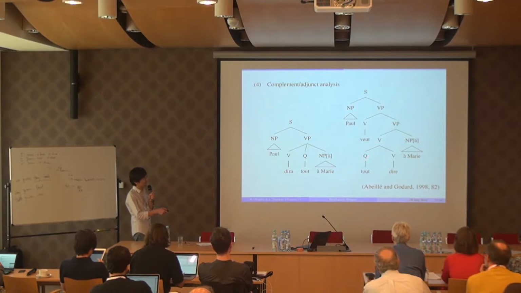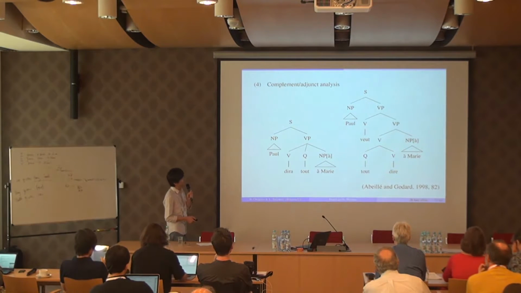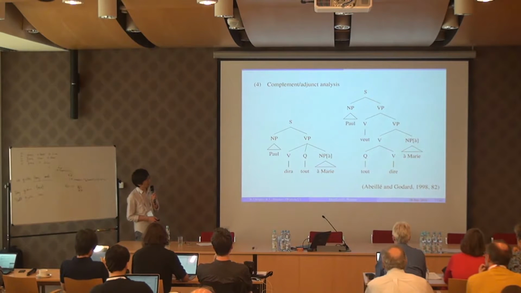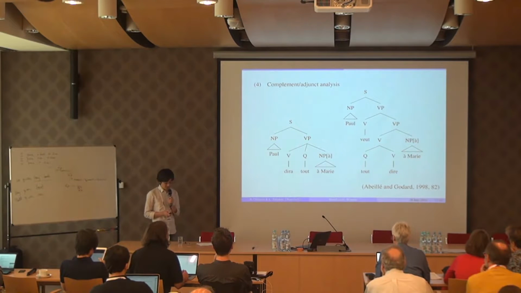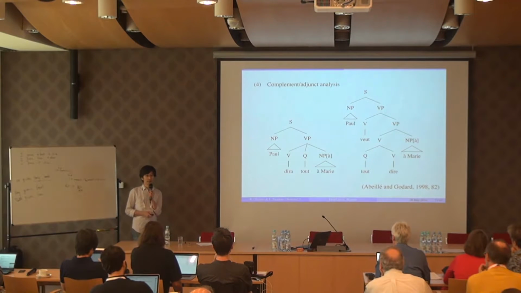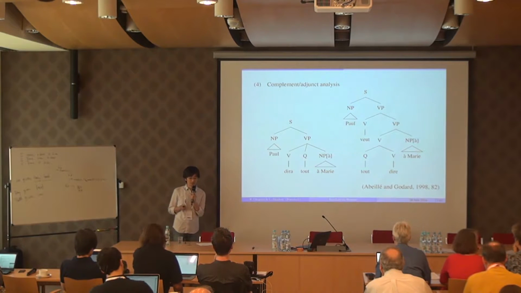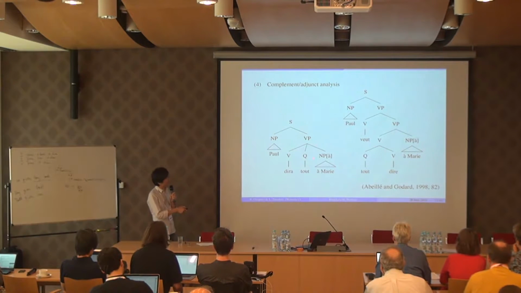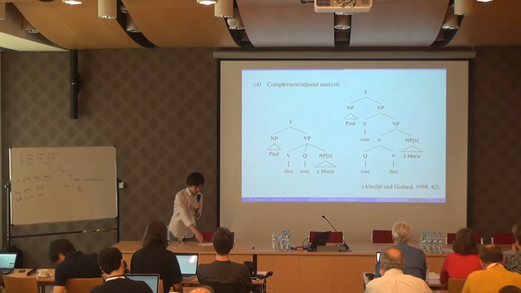So Q is adjoined to the verb, the lexical verb head, and constitutes a kind of complex lexical head. This is the HPSG analysis by Abeillé and Godard. In this paper, we basically adopt the VP modifier analysis, the second type. But for a particular instance of the floating quantifier, we adopt this complement approach. I will explain that later.